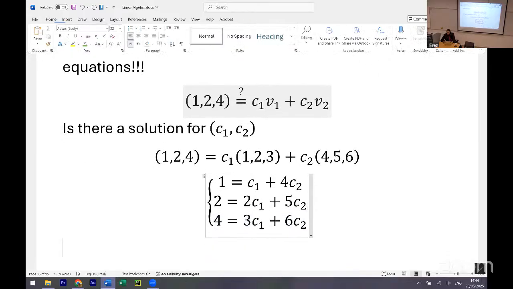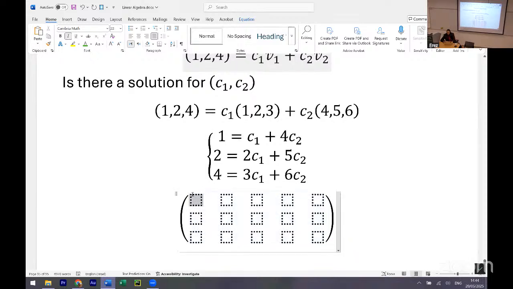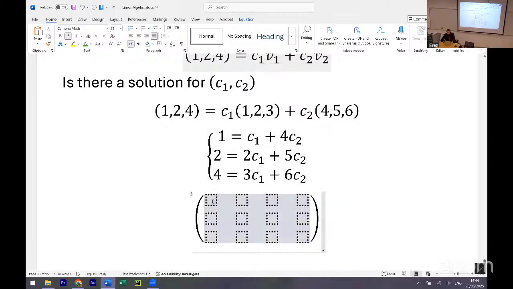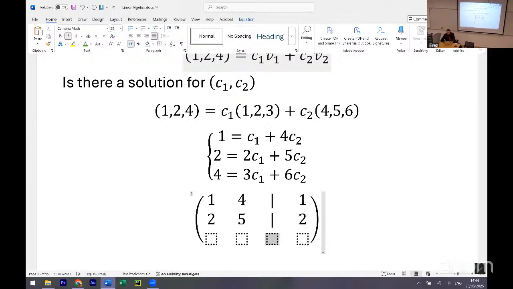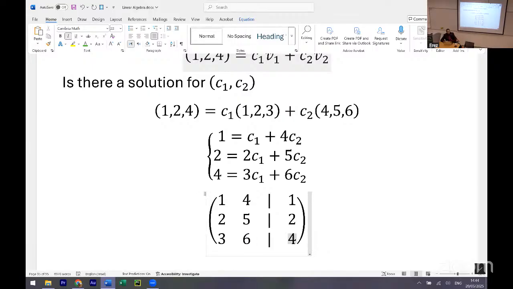Let's put it in a matrix with 3 rows. The columns are C1 and C2, so the rows are 1, 4, 1; 2, 5, 2; 3, 6, 4. Do you agree?